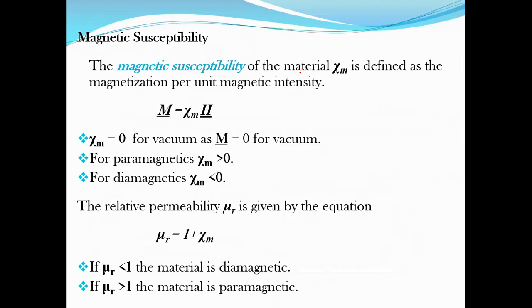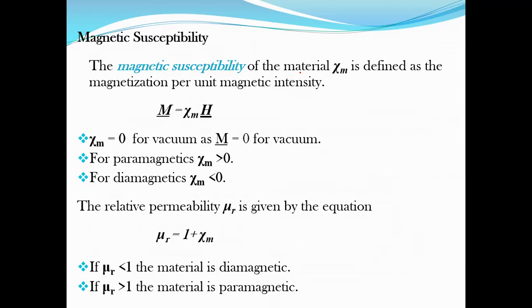Then we have the susceptibility, right? Magnetic susceptibility of the material is defined as the magnetization per unit magnetic intensity, right? So therefore the susceptibility chi is equal to 0 for vacuum. Chi is greater than 0 for paramagnetic material.